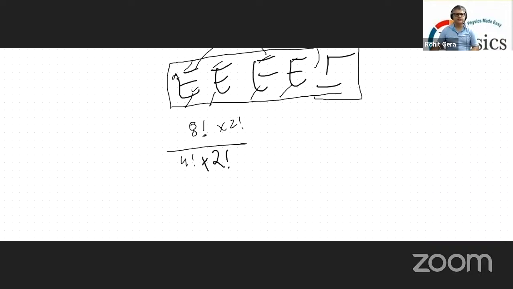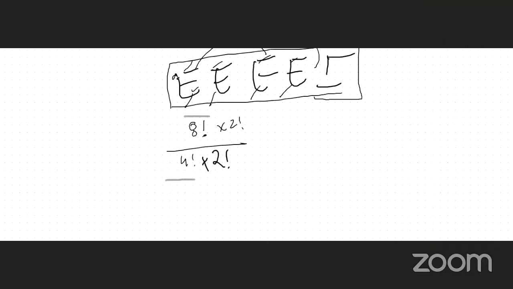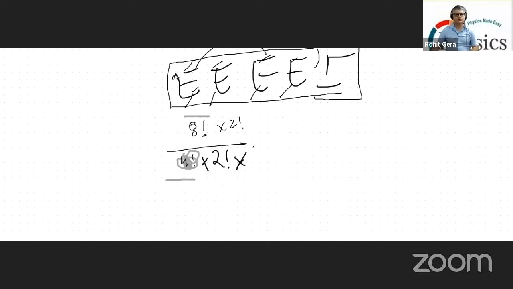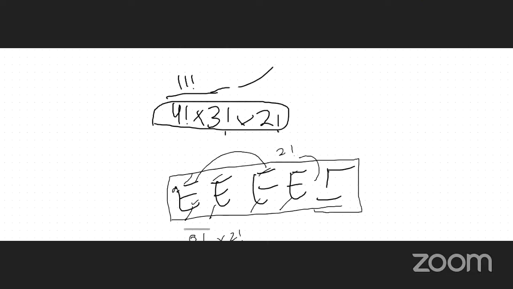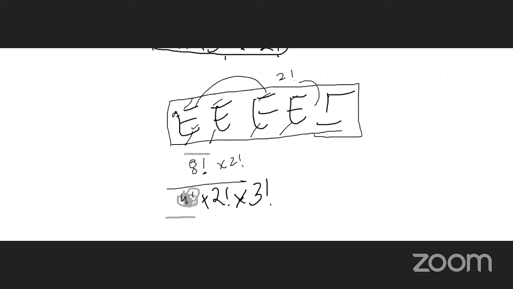So 8 factorial is the total ways. और 3 factorial, sorry, wait. So 3 factorial is which one? Which letter is it? Okay, the N, D and wait.